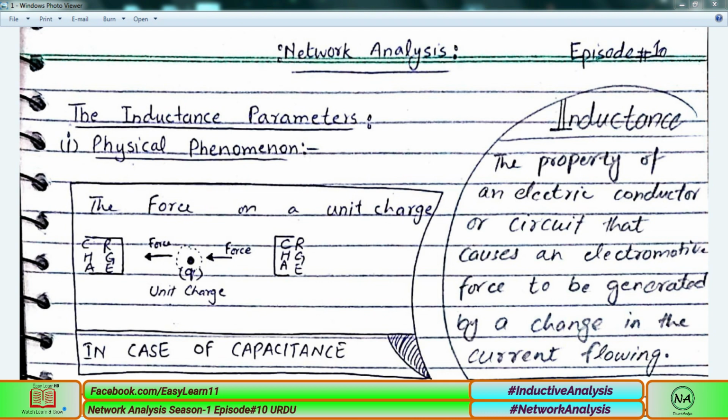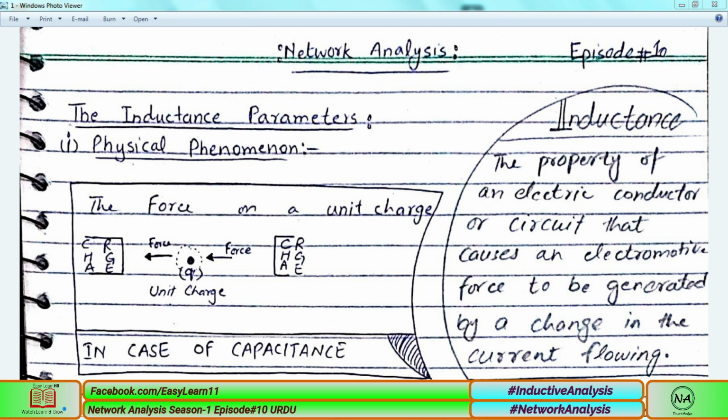In case of the capacitance, we discussed that if a unit charge is placed between two charged bodies, like opposite charges, naturally charged or partially charged, and it comes under their jurisdiction, it may experience a force, like I drew here with the help of the arrows.